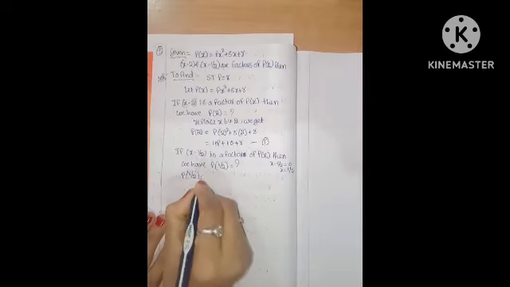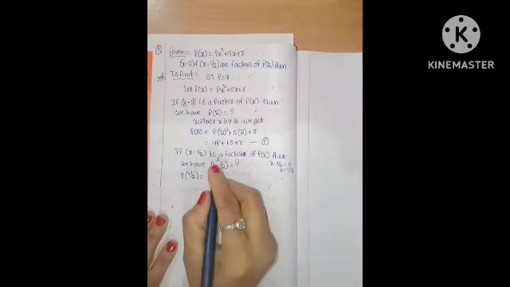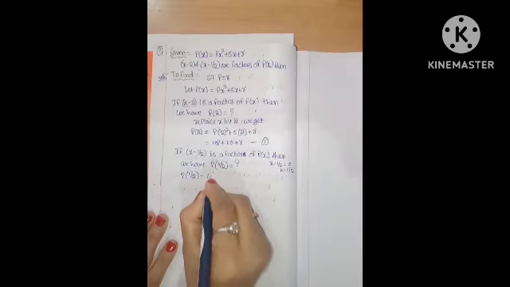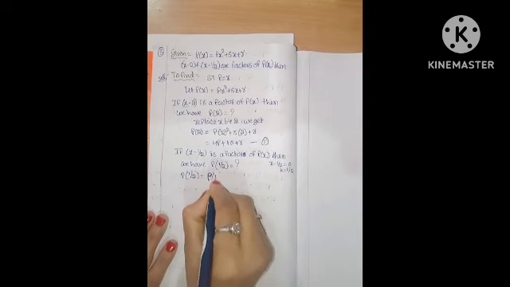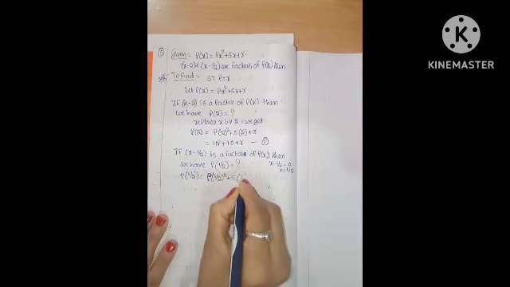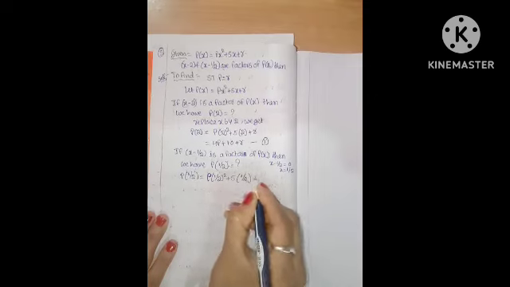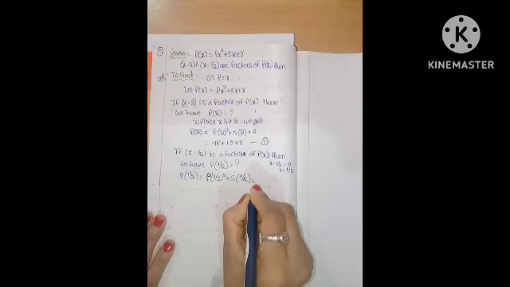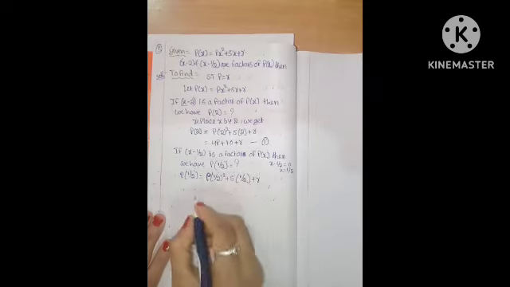P of 1 by 2 equals, in place of x we will write 1 by 2. So P into x square is 1 by 2 whole square, plus 5 into 1 by 2, plus r.